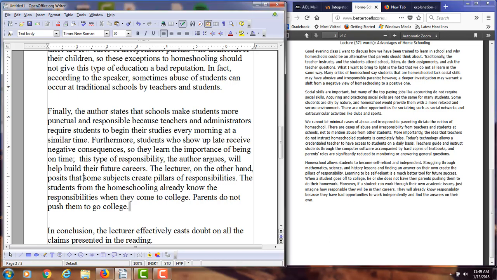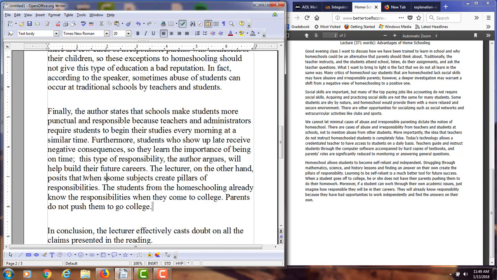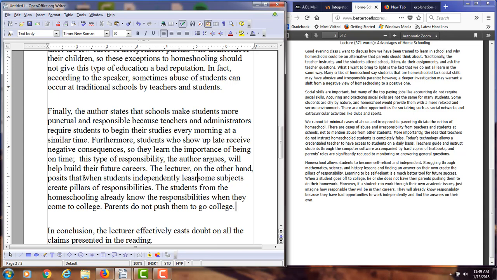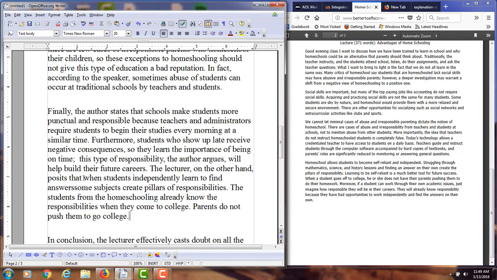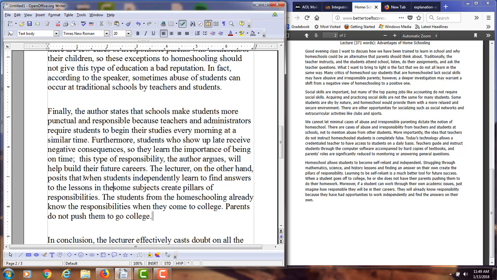Posits that when students independently learn answers to the lessons in their subjects, see, you're leaving out some information here.